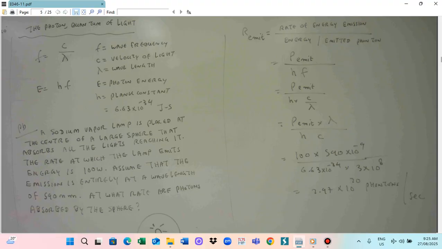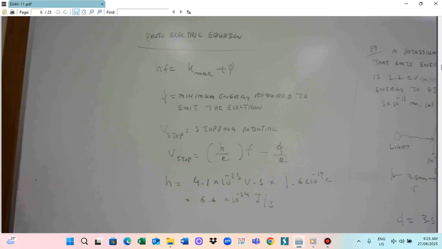Next topic is the photoelectric equation. When light falls on the solar panel, it will convert to electrical energy. So we can write down the equation for the solar panel: h into f is equal to K maximum plus phi.